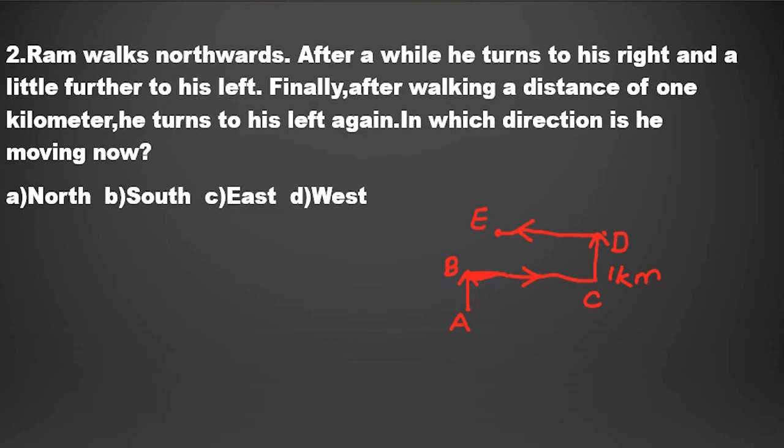Clearly we can say that now the direction of Ram is west. The basic directions: north, south, east, west. He is finally walking the direction DE, that is west. So the answer is D, west.